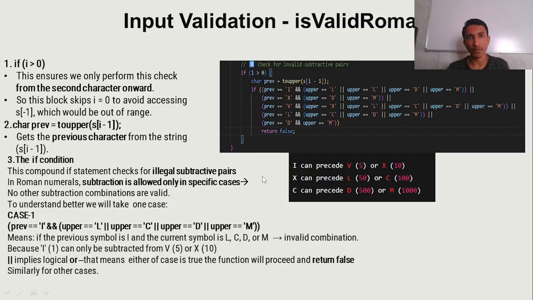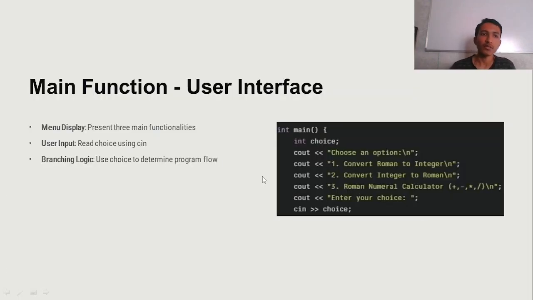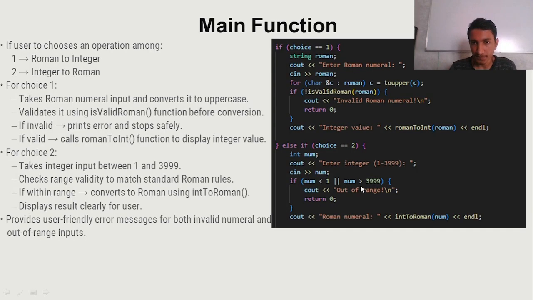Now, let's talk about our main function. In the main function, we are just displaying our menu, what we are offering to the user, and we are going to do our branching logic. Here we will ask the user to choose an option among the three and enter his choice.